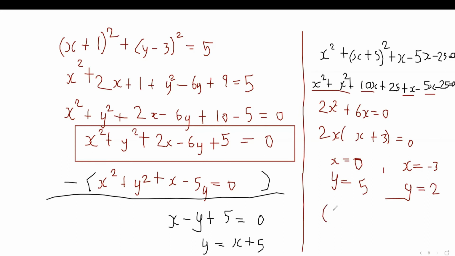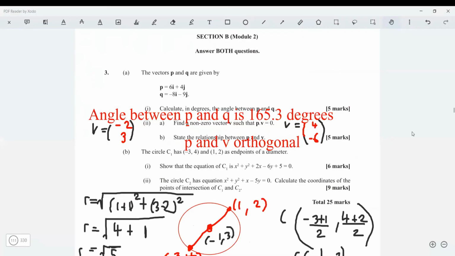So basically what we get is x is 0, y is 5, and x is negative 3, and y is 2. All right, so 0, 5 and negative 3, 2. Easy as that. This question was too easy.